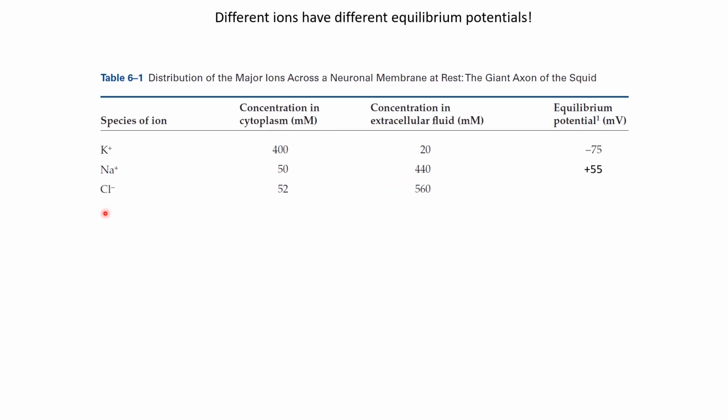And what about chloride? Chloride's concentrations are similar to sodium. It is lower in concentration inside and higher in concentration outside, and the values are also not very different from sodium. But the charge of chloride is -1 instead of +1 as in sodium. So the equilibrium potential for chloride will be a negative value, and it turns out to be around -60 millivolts if you plug these values into the Nernst equation.